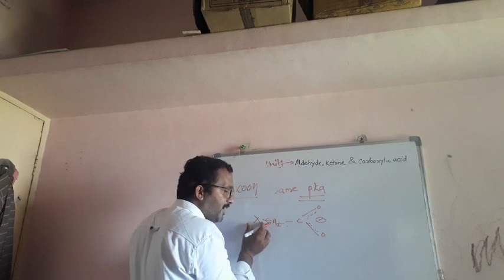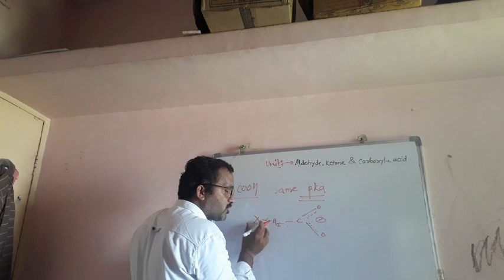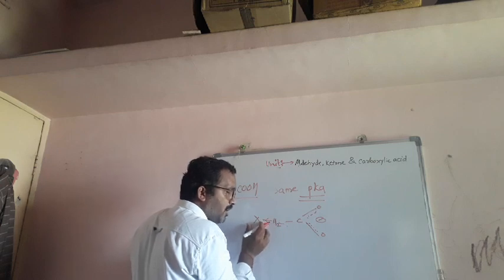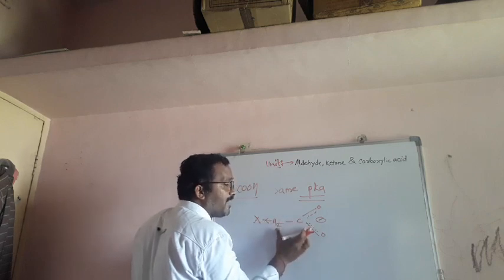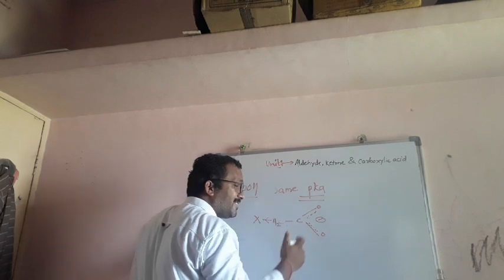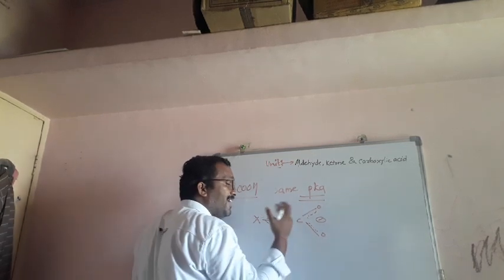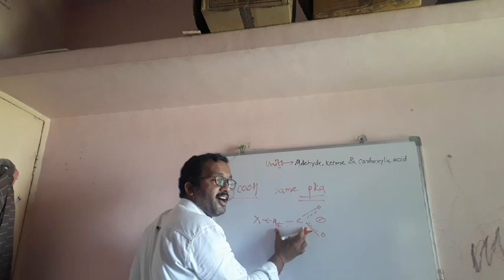It means the halogen has a higher inductive effect, and that is why a halogen bonded to the carboxylic acid gives higher acidic strength to this carboxylic acid.